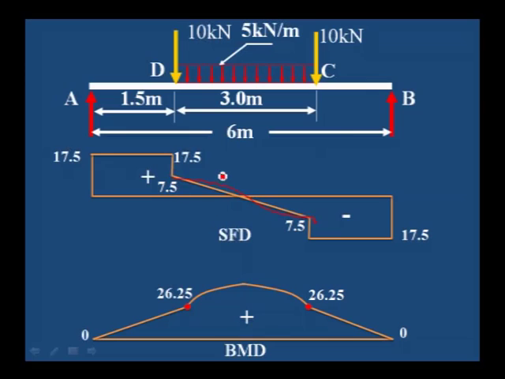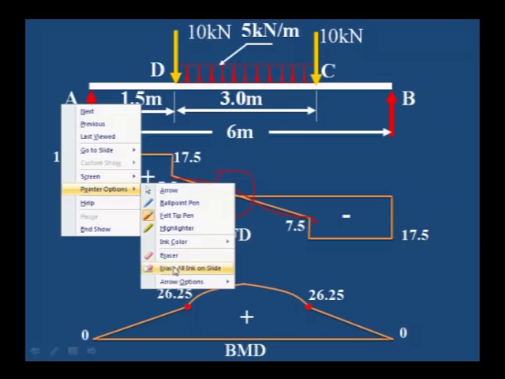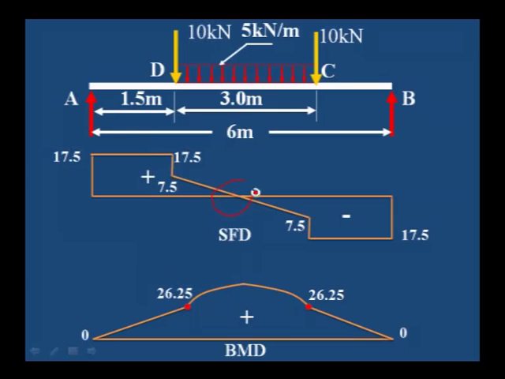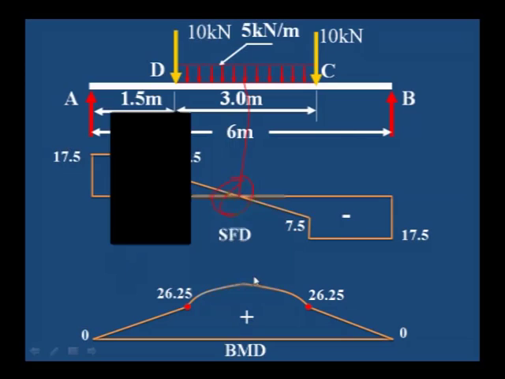Okay, you will get the shear force diagram. You can also observe here that the shear force changes its sign exactly at the center, because it is symmetrical loading and the uniformly distributed load is acting exactly at the center.